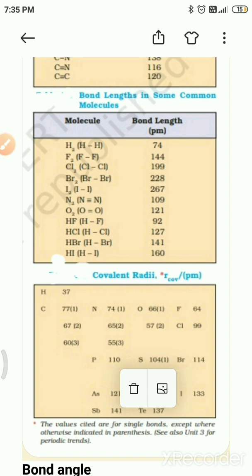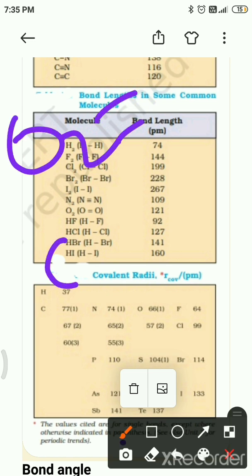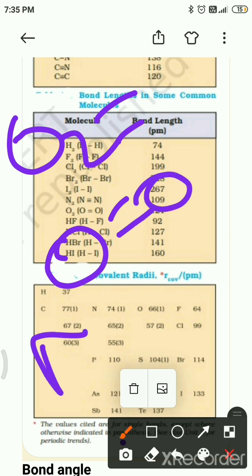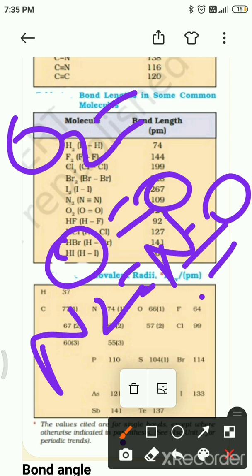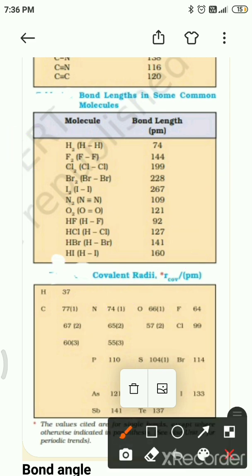Similarly, consider the bond enthalpy for molecules containing multiple bonds, for example O2 and N2. O2 is O double bond O, and N2 is N triple bond N. For these two examples we will discuss the bond enthalpy.